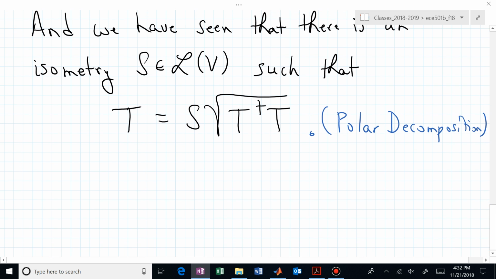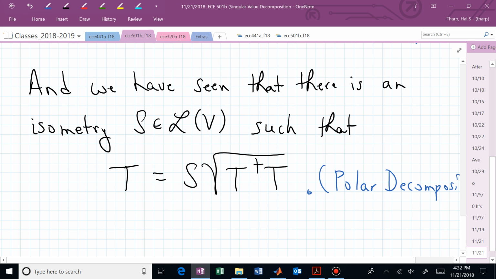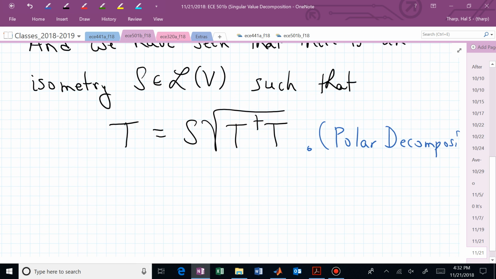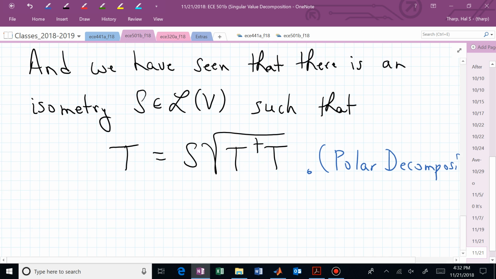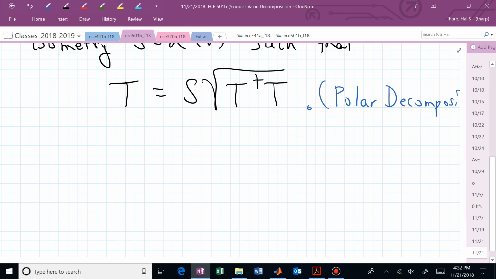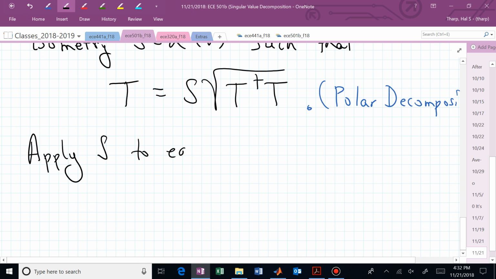Once we have that, now we can apply our rotation, this isometry, to both sides of equation star. So now let's apply this isometry S to each side of equation star.